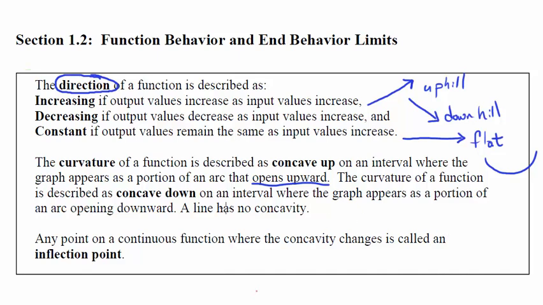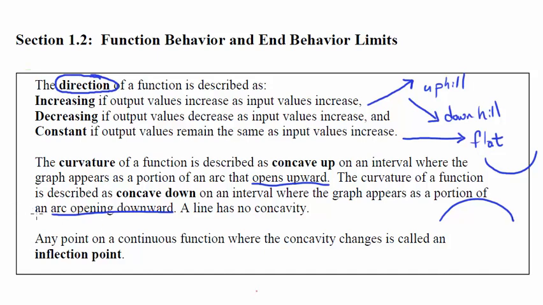The opposite there would be concave down. If you're concave down, the definition your text uses is that it opens downward, which I don't think is stellar, but that might look something like this here.